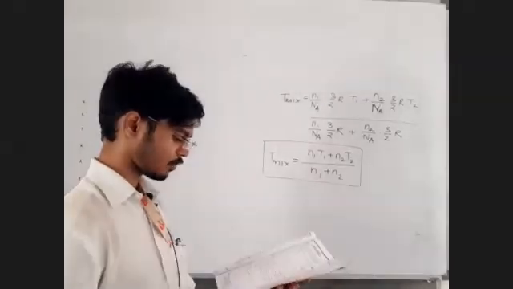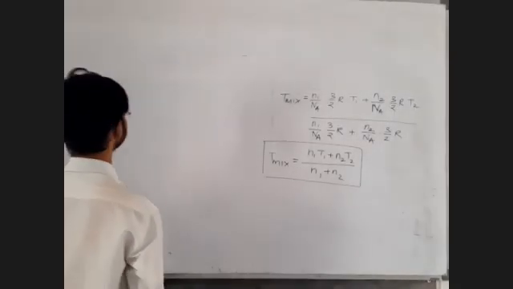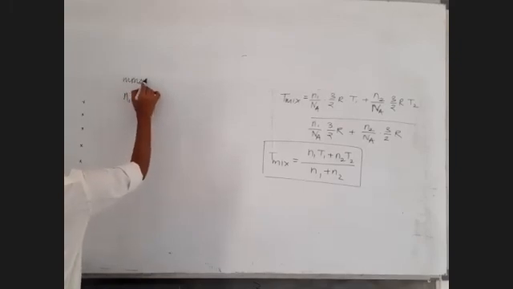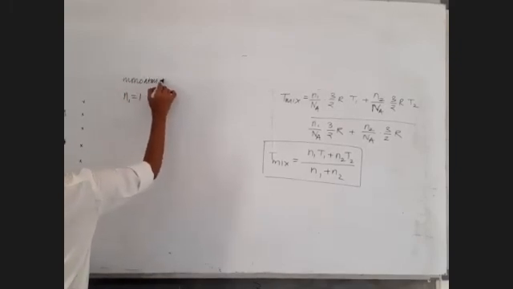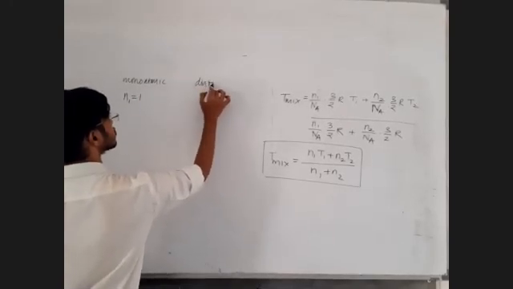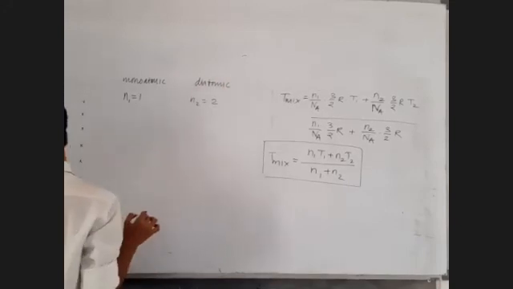1 mole of a monoatomic gas is mixed with 2 moles of a diatomic gas. Okay, these are very simple questions for us now. I have made a column for monoatomic gas, 1 mole, and 2 moles of diatomic gas.